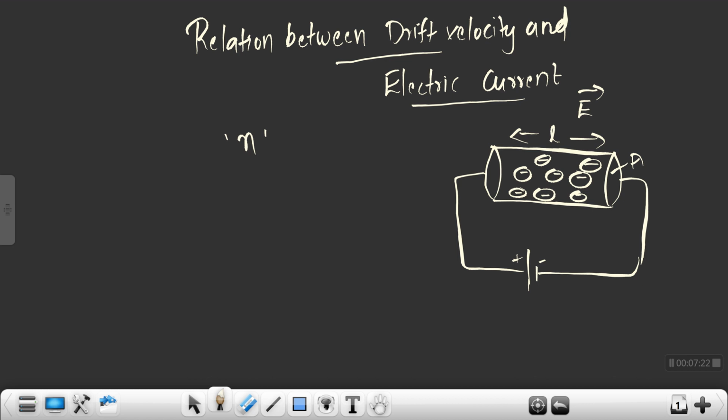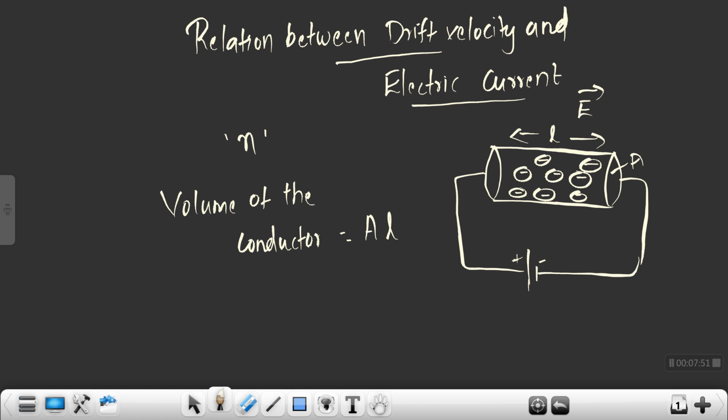So it is easy to find the volume of the conductor. Here the volume of the conductor is equal to A into L, that means area of cross section into length. That is the method to find the volume of a cylindrical conductor.